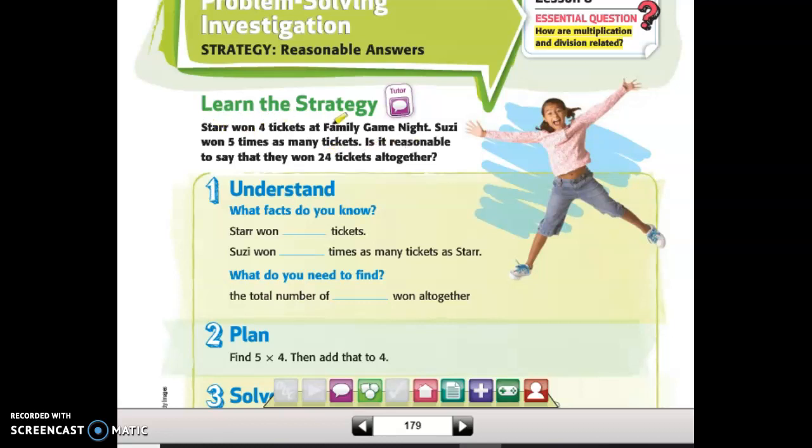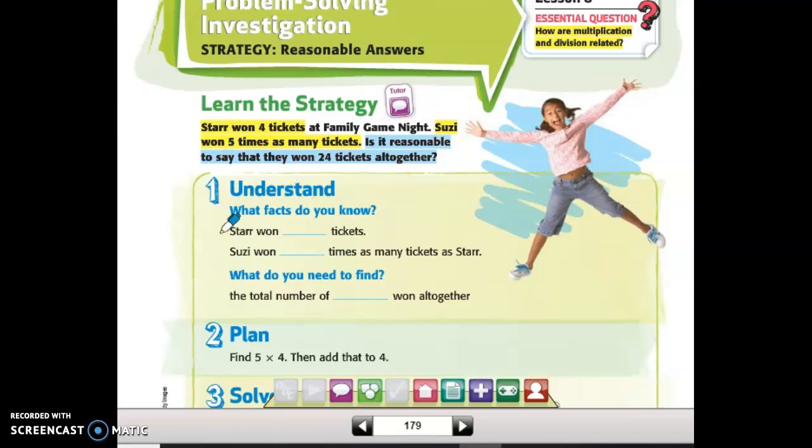Star won 4 tickets at family game night. Susie won 5 times as many tickets. Is it reasonable to say that they won 24 tickets altogether? So one thing I know is Star won 4 tickets. I also know Susie won 5 times as many tickets. The question I need to answer: is it reasonable to say that they won 24 tickets altogether? So what do we know? What do we understand from the problem?